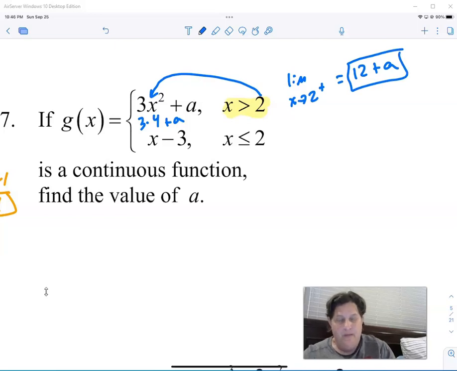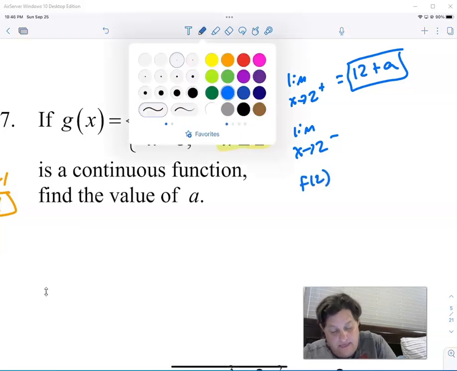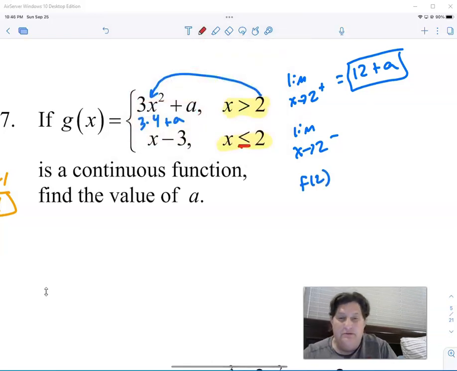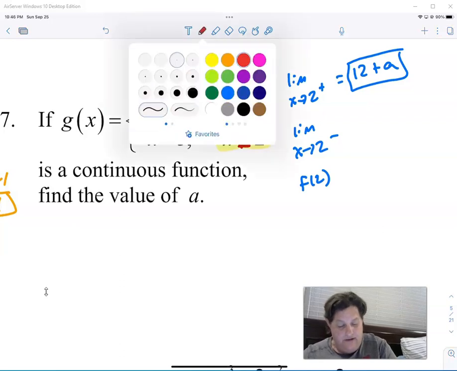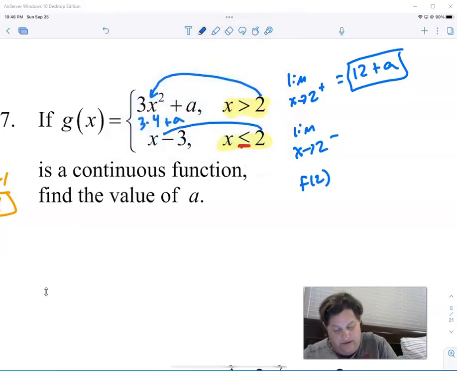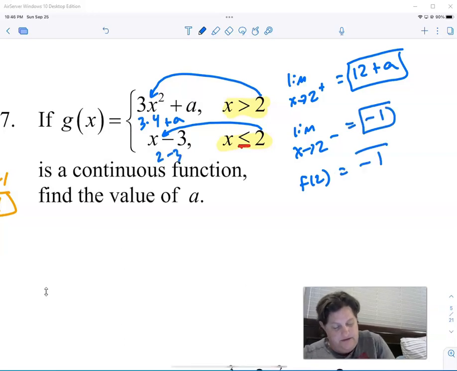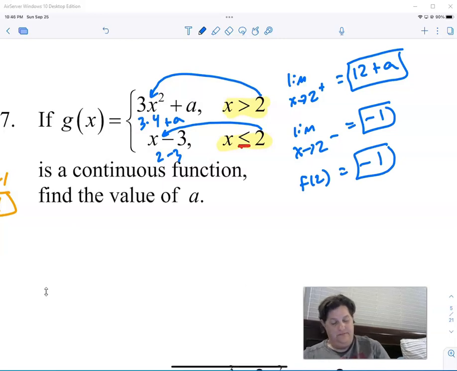Now, this means the limit as I approach 2 from the left. As I approach 2 from the left, 2 minus 3 is -1, and the point is -1. Let me ask you guys a question.